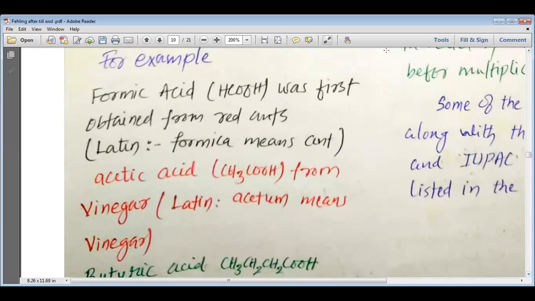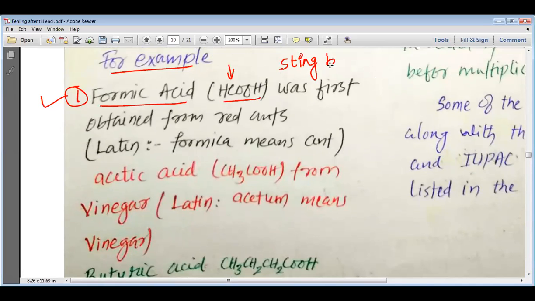Now, let us understand the common names from their examples. My dear students, the first example is the simplest carboxylic acid, which has only one carbon, which we call methanoic acid. It is also known as formic acid, which is found in the sting of bees. You have studied this in the 10th standard.